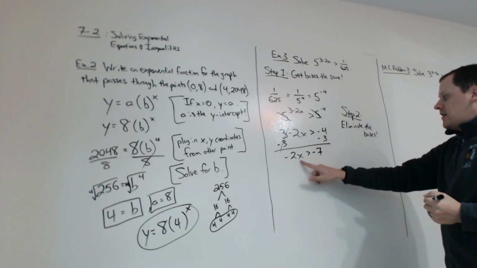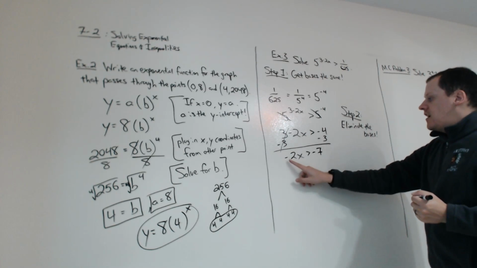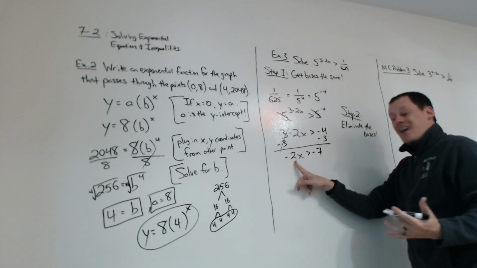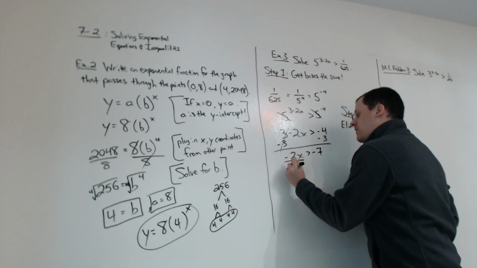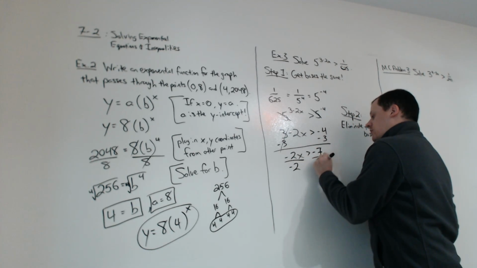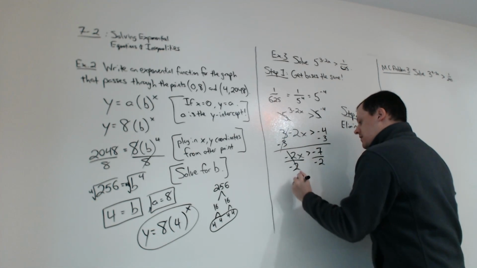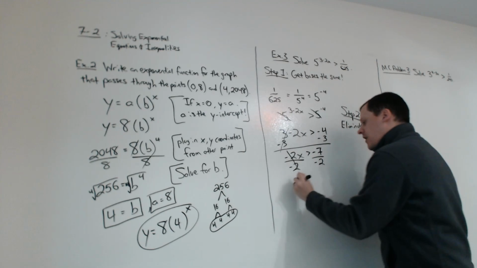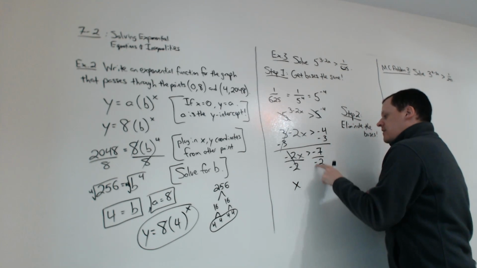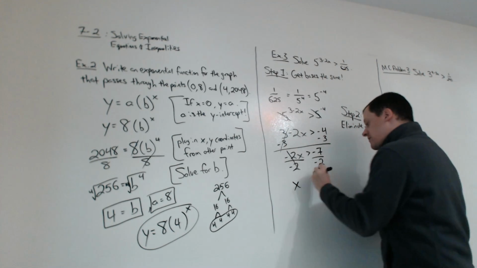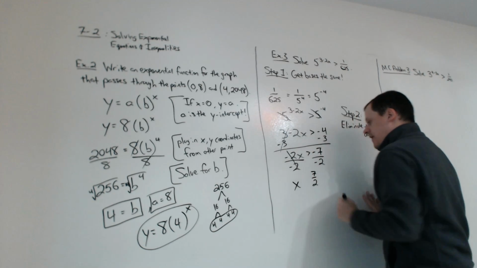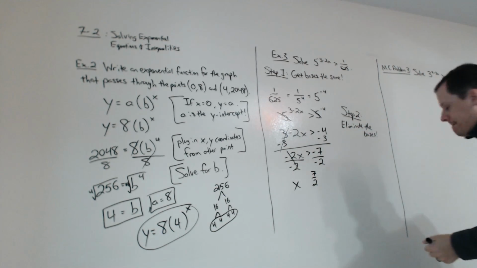And then to get the x by itself, right now it's being multiplied by negative 2. So we divide both sides by negative 2. And we get x. These negatives are going to cancel out. This is going to be positive 7 over 2. What sign goes there?